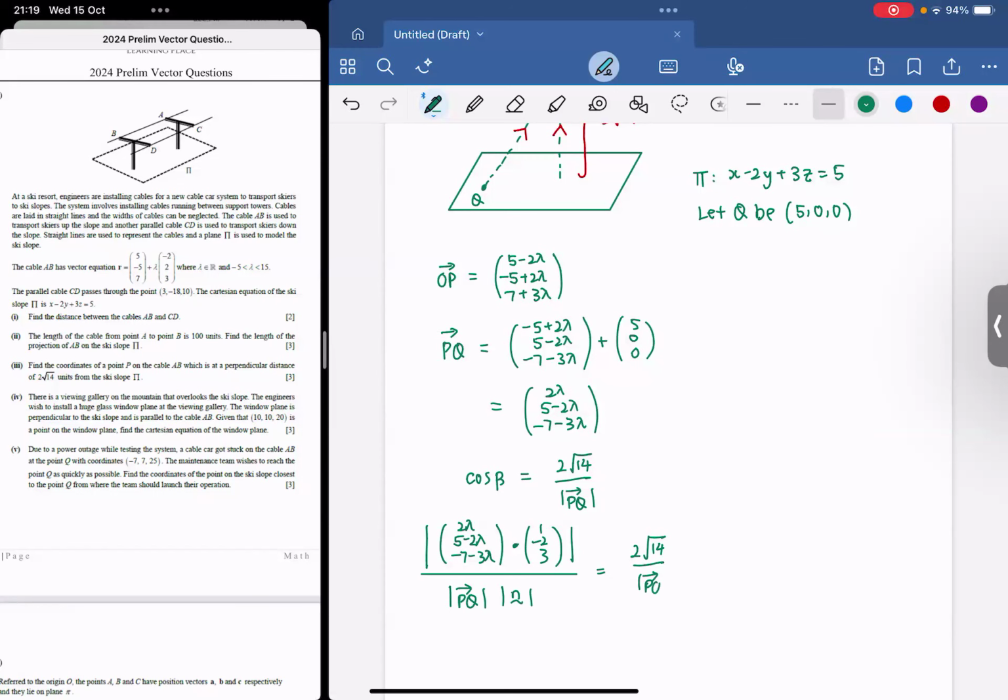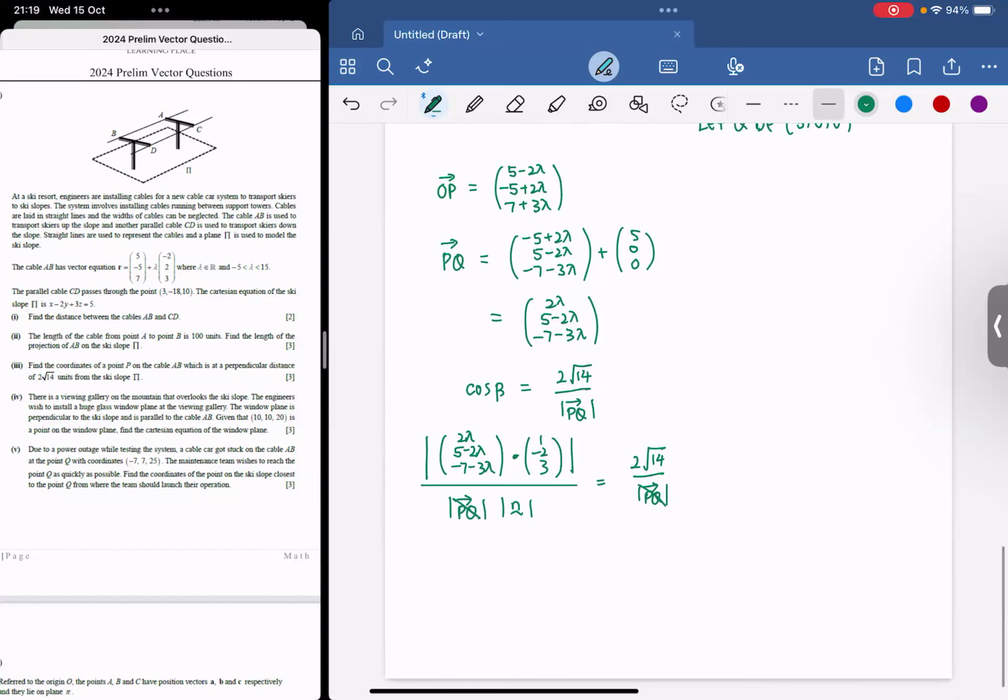So from here, the PQ will cancel. Then we will just solve this. So this is 2 lambda minus 10 plus 4 lambda minus 21 minus 9 lambda, with the modulus there, over the square root of 1 squared plus 2 squared plus 3 squared.